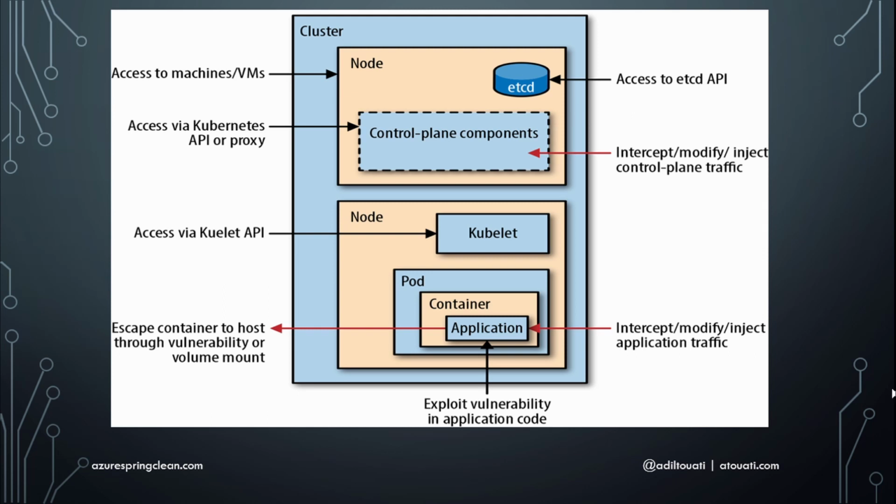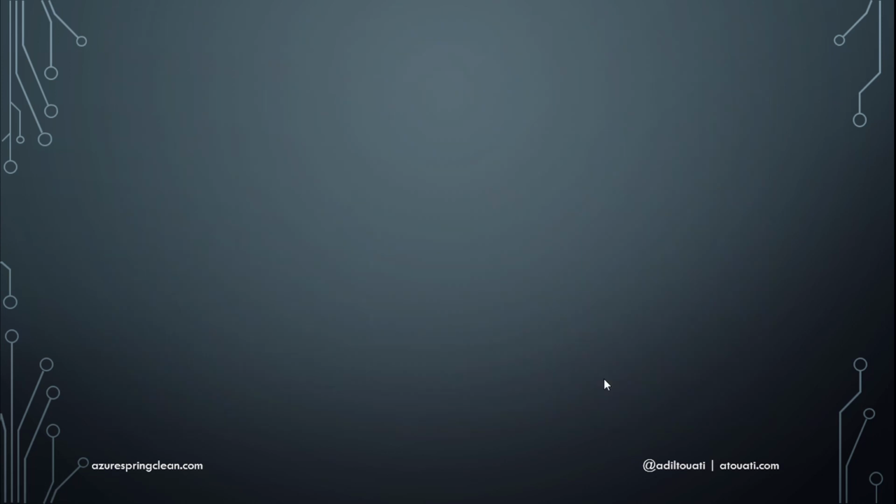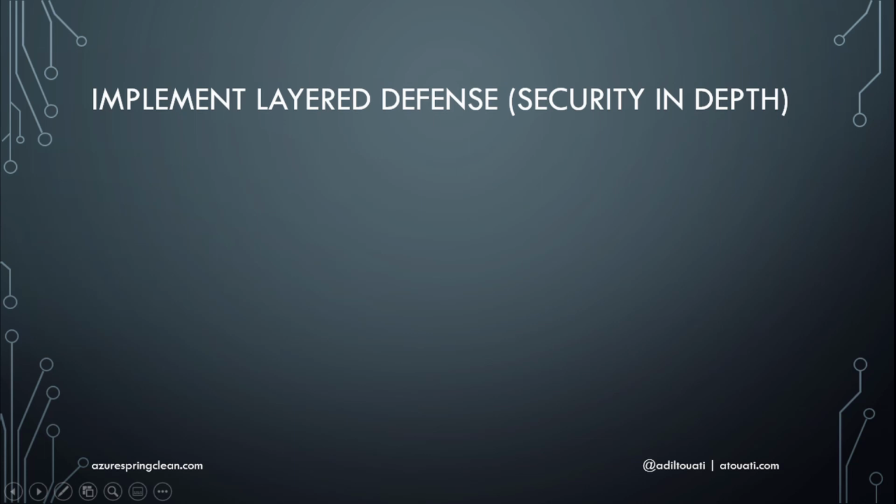To achieve this, you need to implement or apply controls, configurations and best practices to mitigate all these potential modes of attack, and therefore adopt the approach of security in depth, which implies having several layers of defense against attacks on your Kubernetes cluster. If you're relying on a single defensive measure, attackers might find their way around it. Throughout this video, you will see how you can do this for each specific component.